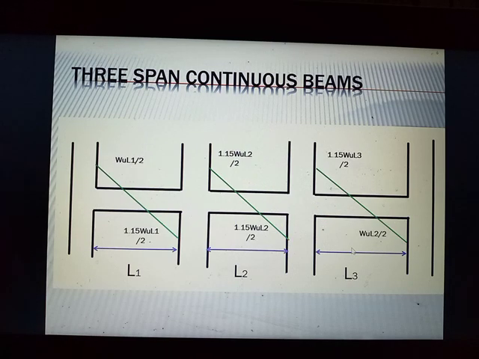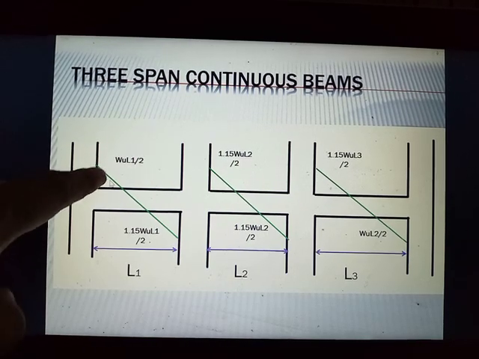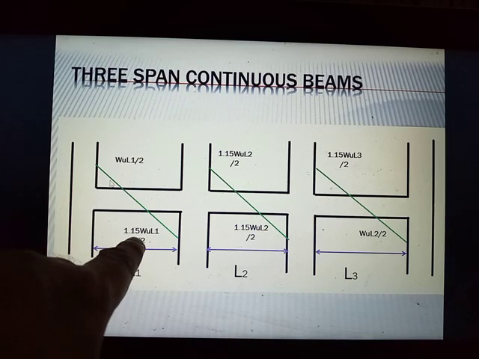So we proceed. So these are for the 3-span continuous beam. This is how you compute the shear forces. So WL1 over 2 is the shear force on this side. So this is positive, and then this is negative.